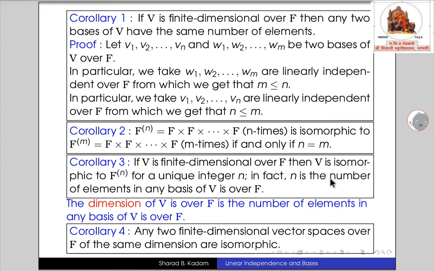In fact, n is the number of elements in any basis of V over F. Here we have the definition of dimension of a vector space: the dimension of V over F is the number of elements in any basis of V over F. Next we have corollary 4, which states that any two finite dimensional vector spaces over the field F of the same dimension are isomorphic.